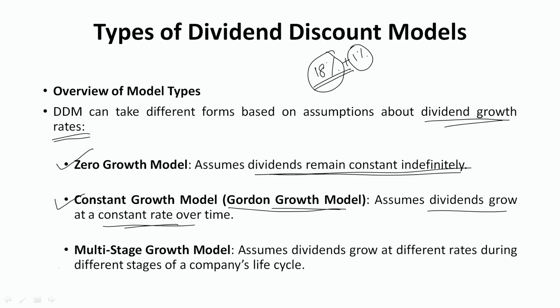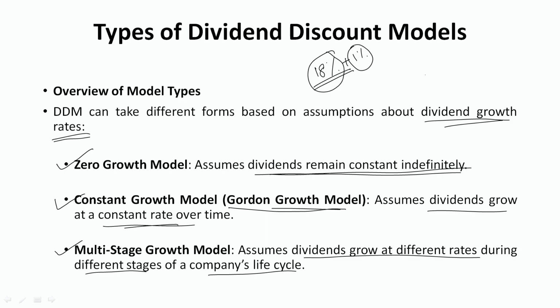The third type is called a multi-stage model. The multi-stage model assumes that at different stages of the life of a company, the rates are going to differ. Okay. So the dividends will grow at different rates during different stages of the company's life cycle.